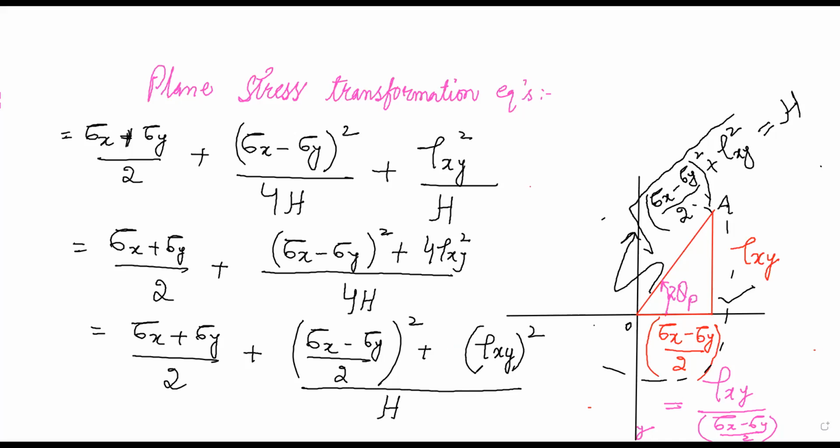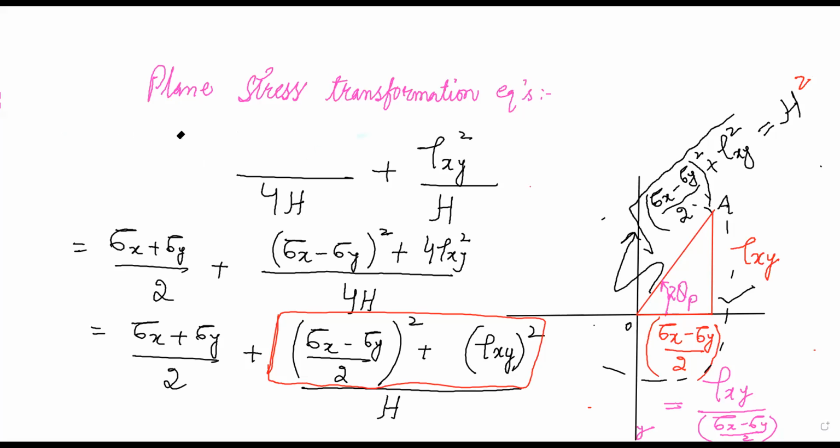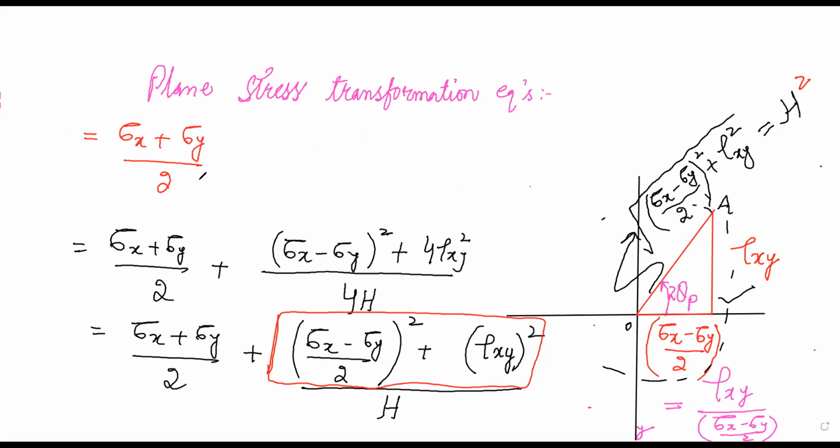Is this fine? Okay. Just recall, students, what is this equal? The numerator. Yes, this is equal to h square, isn't it? So this can be written as sigma x plus sigma y divided by 2 plus h square divided by h.